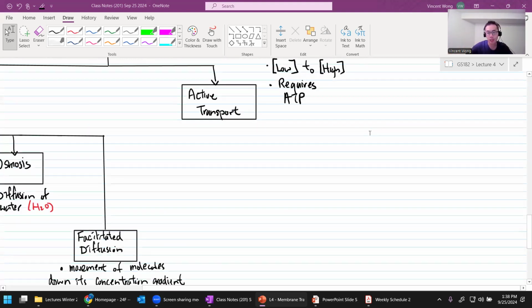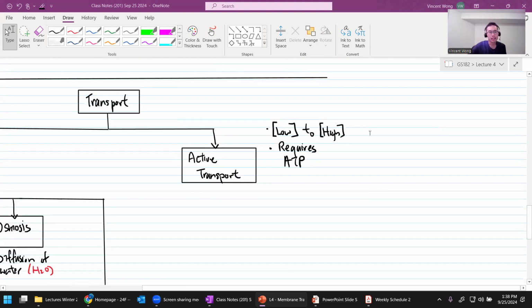Okay, active transport. Active transport requires ATP. We are moving things uphill, so to speak. We are moving things against their concentration gradient. So there are different kinds of active transport depending on what you are moving.